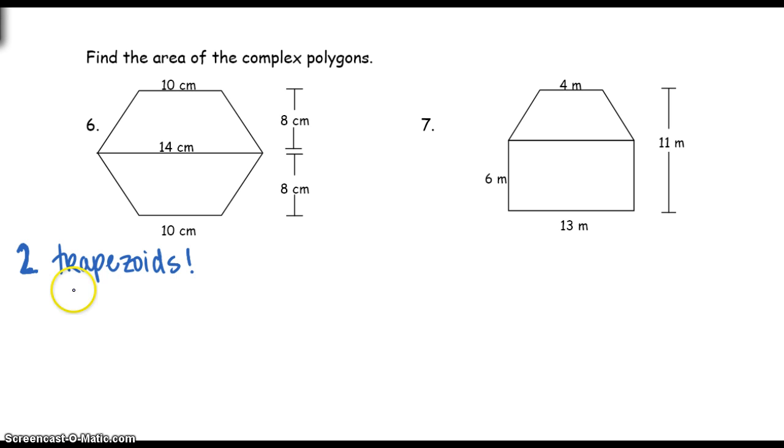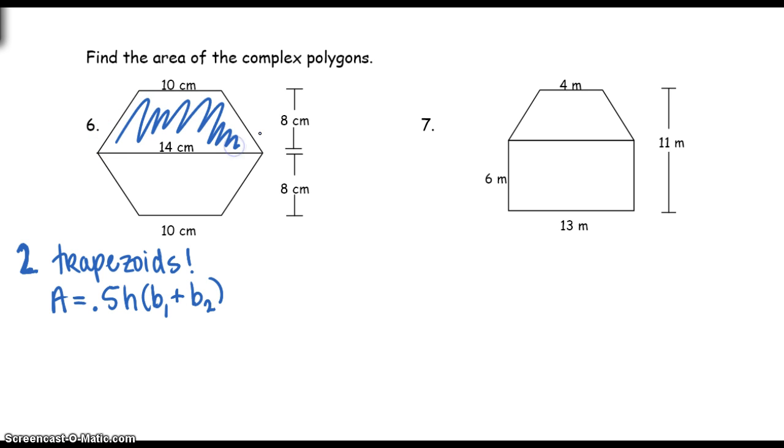I know you're excited. So first, let's just find the area of one of them. We write down the formula. A equals 0.5 h times b sub 1 plus b sub 2. We have to figure out what our dimensions are. So I'm going to be looking at this trapezoid right here, since it's the same as the other. Our height is here.